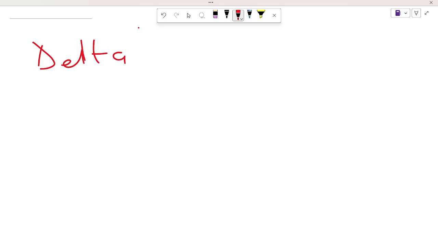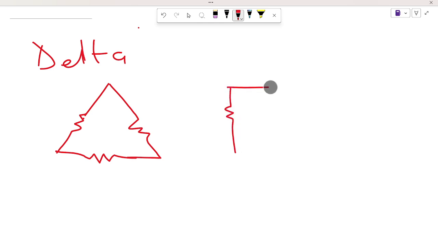For the delta arrangement, it is neither in series nor in parallel. Here we are going to have, say, three resistors arranged in a form like this. It can either be like this or this way.